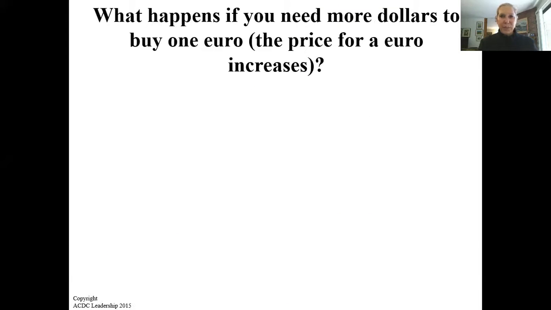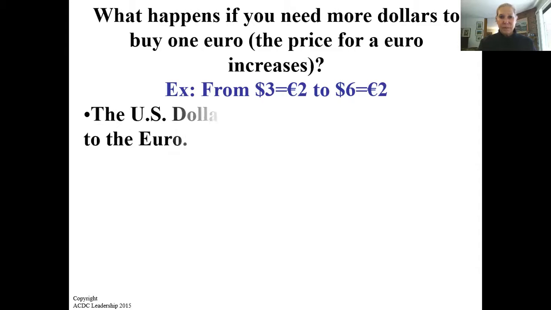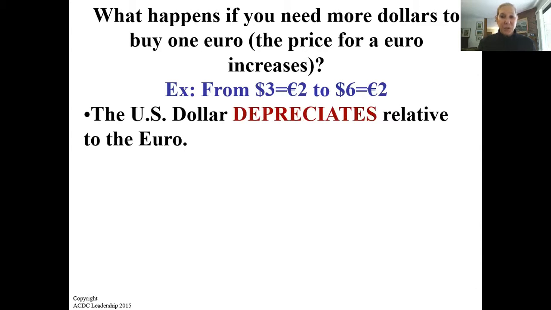What happens if you need more dollars to buy 1 euro? The price for a euro increases. Okay, so for example, from $3 equaling 2 euros to $6 now equaling 2 euros. What happens? The US dollar is depreciated relative to the euro in this particular example, because it takes more dollars to buy the same amount of euros.